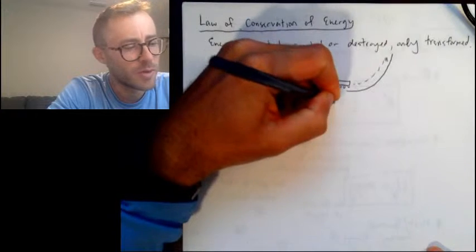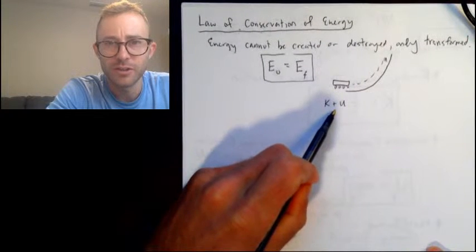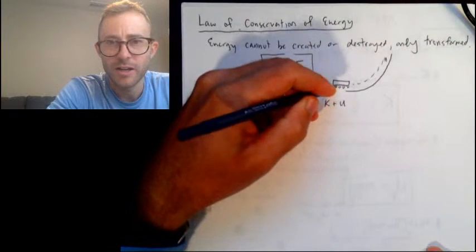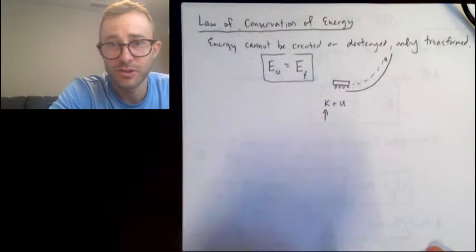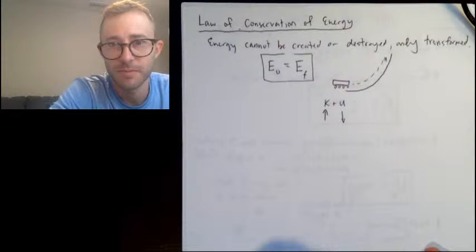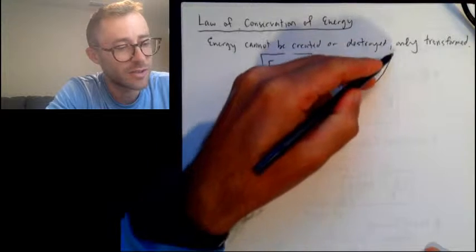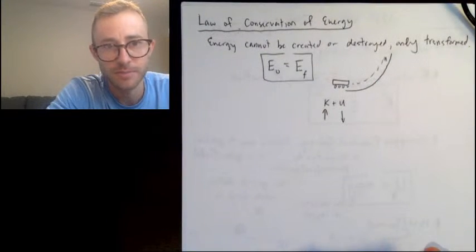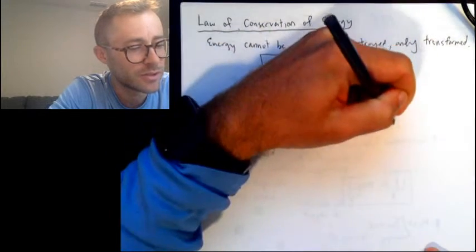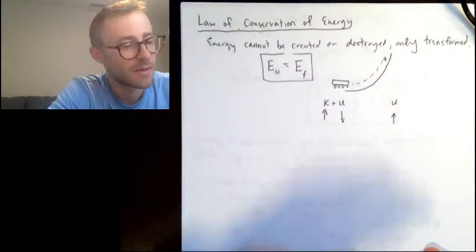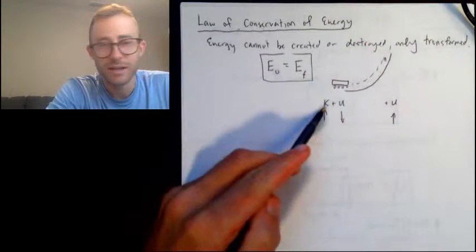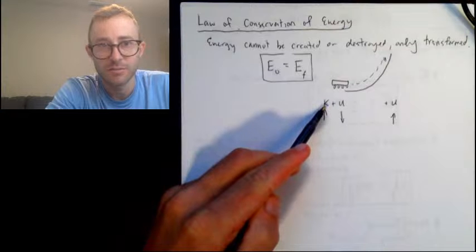So if we think about the total energy of the coaster, it's kinetic and potential. Right here, it has a lot of kinetic energy and not a lot of potential energy. But as it climbs, it's gaining elevation, so the potential energy is going to go up, but we can't have the potential energy go up and keep the kinetic energy at the same value, you see?